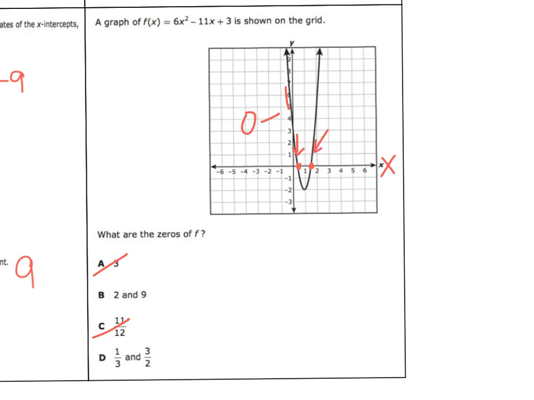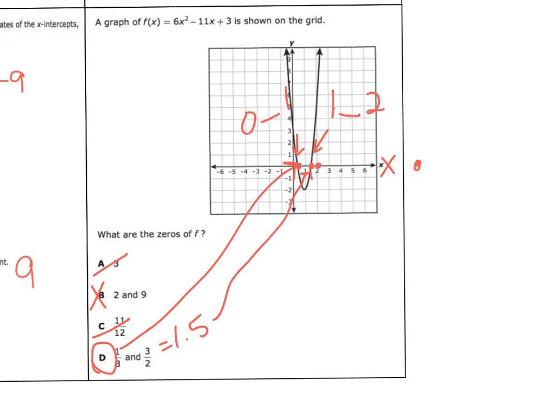And then this one is going to be a number between 1 and 2. 2 and 9 can't be the answer because 9 would be way out here and 2 is here. It doesn't cross through those points. So the only possible answer is D. 1/3 would be this one that's in between 0 and 1, and 3/2 is equal to 1 1/2. That would be there between 1 and 2.